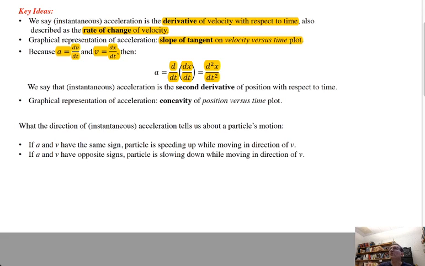The second derivative of a function is its concavity. It tells you its concavity. That is to say, if the second derivative of a function is positive, that function is concave up, like a bowl. If the second derivative of a function is negative, that function is concave down, like an inverted bowl. If the second derivative of a function is 0, it's a straight line. No curvature. So another way to think of instantaneous acceleration is second derivative of position with respect to time, and that means the concavity of the position versus time plot.